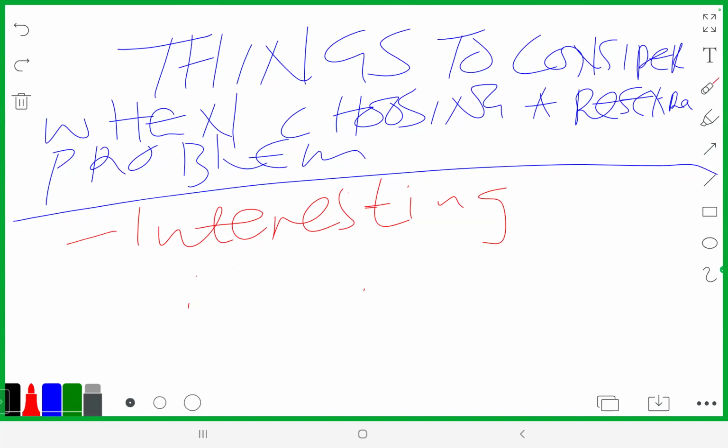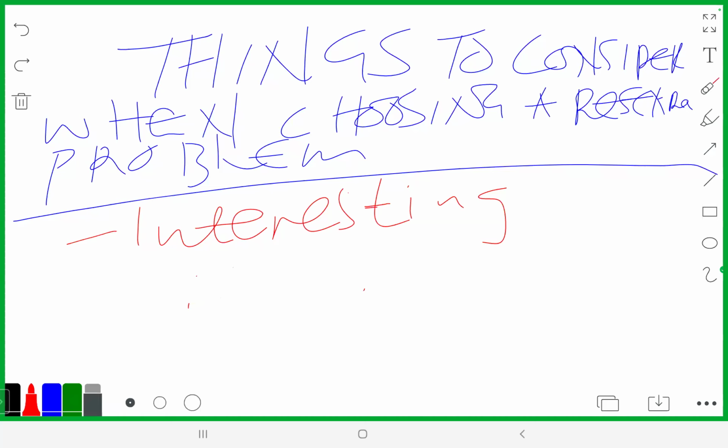Of course, this should be relevant to your field of study, because from how we defined research last time, it's the expansion of the frontiers of knowledge. So what you're trying to do is to add to what is already there. You're bringing out a new thing.